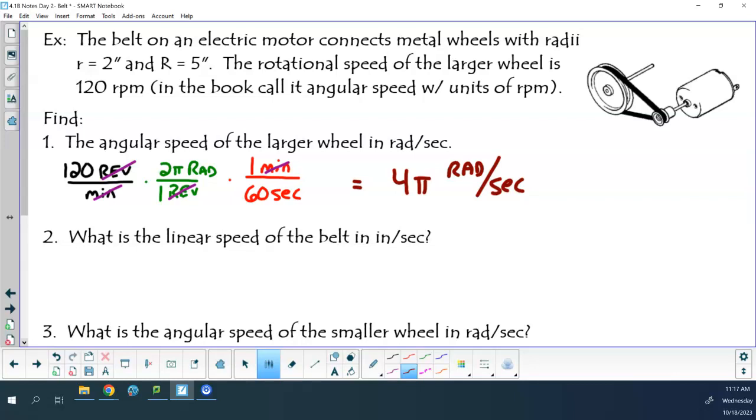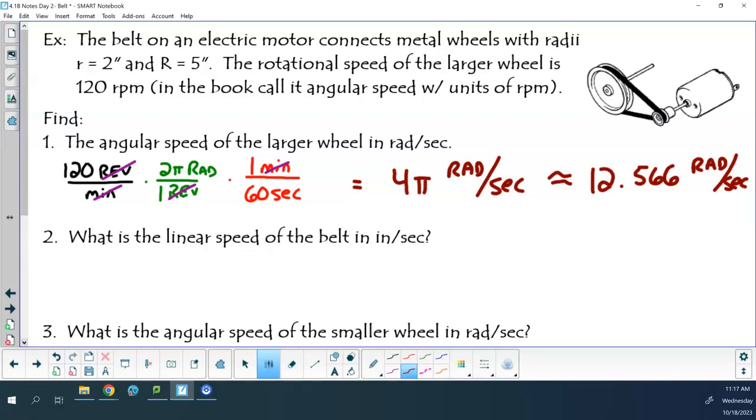If you decided to give me a decimal approximation, it would be that. Which one do you think we like better? 4 pi. Cleaner. Nicer.